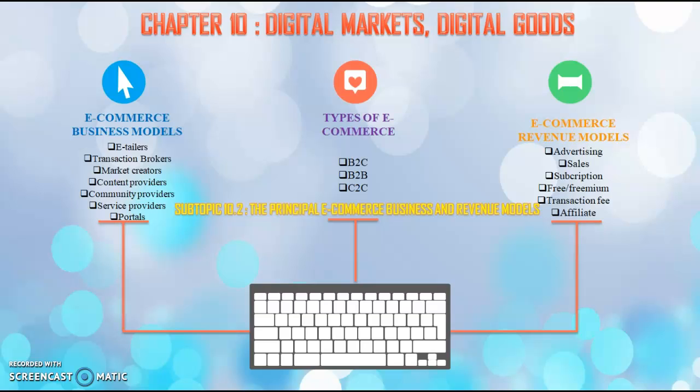Fourth, content providers create revenue by providing digital content such as news, music, photos, or video over the web. The consumer may pay to access the content, or revenue may be generated by selling advertising space.